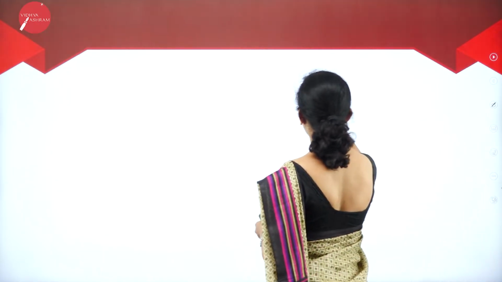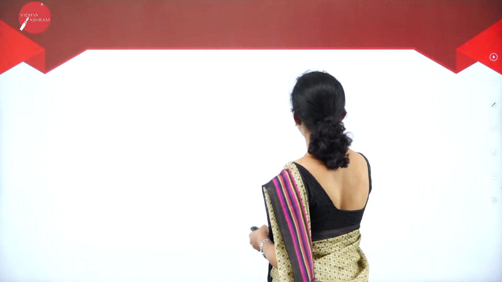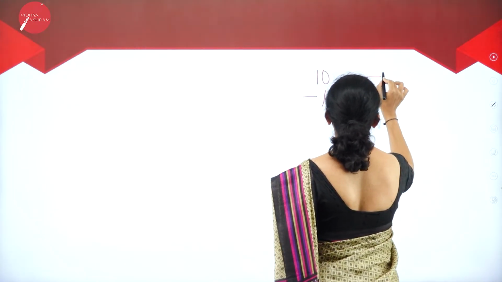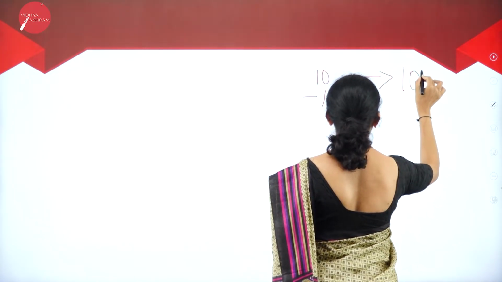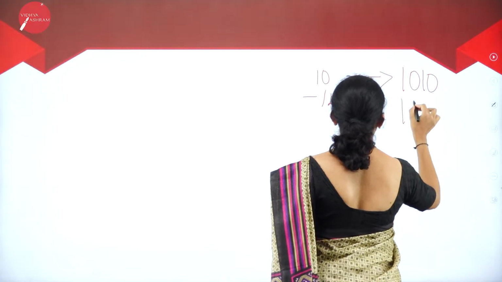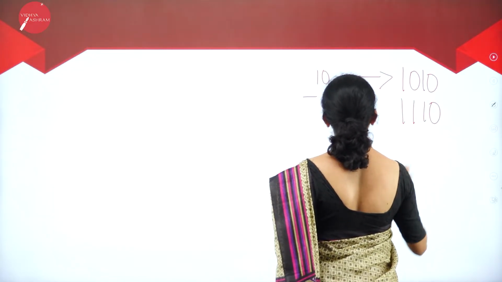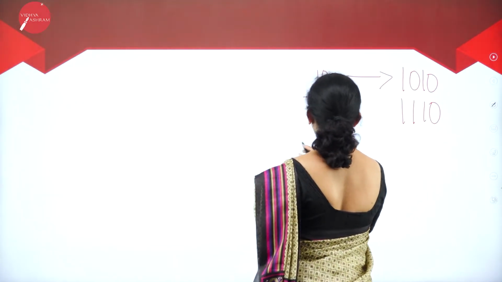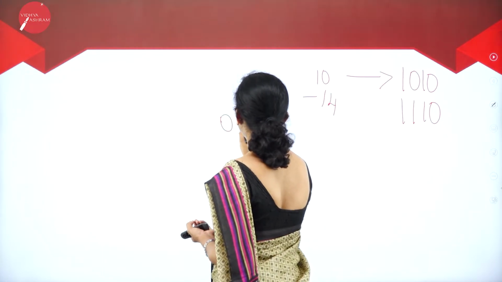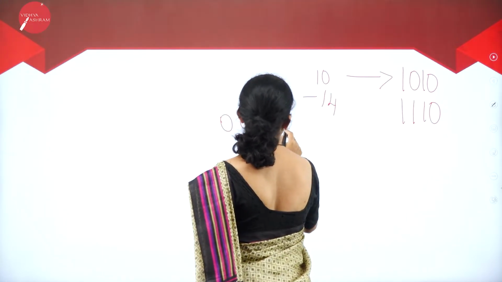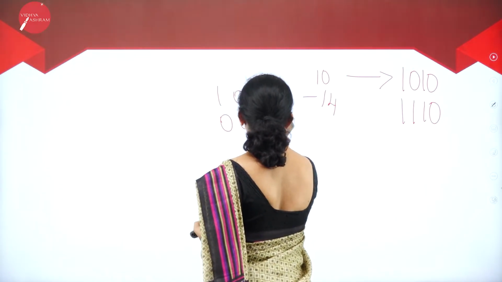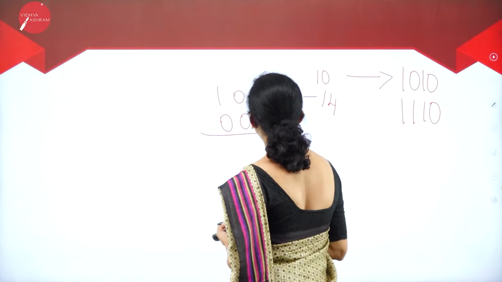Then I can consider another example, that is 10 minus 14. Now first I'm going to write the binary representation of 14. According to the rule, I want to take the ones complement, that is 0, 0, 0, 1, and I want to add with the binary representation of positive number 10.